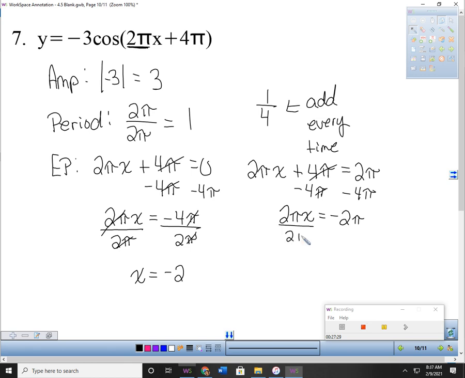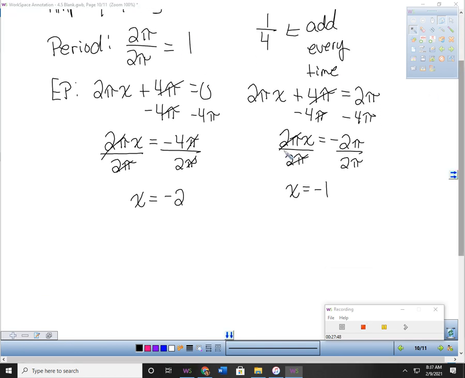Divide by 2 pi. So I get x is equal to negative 1. And if you think about it, between negative 2 and negative 1, that's just 1, right? So I'm going to start at negative 2, and I should end at negative 1.